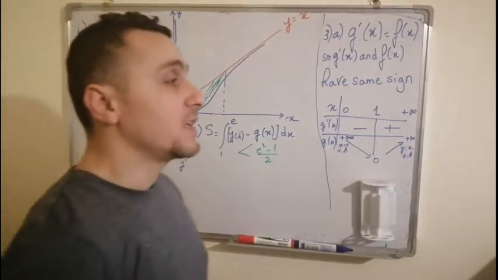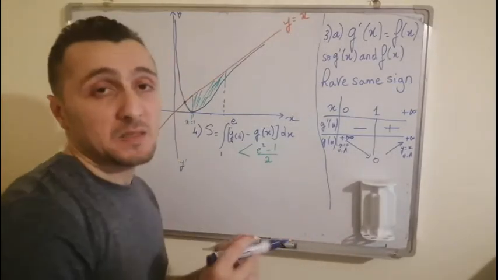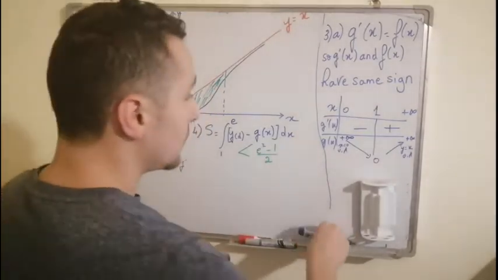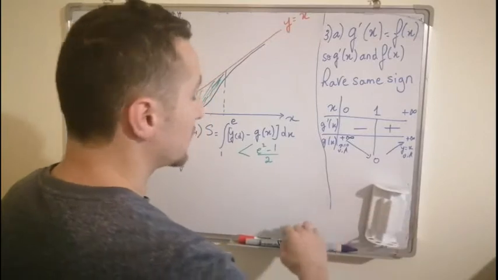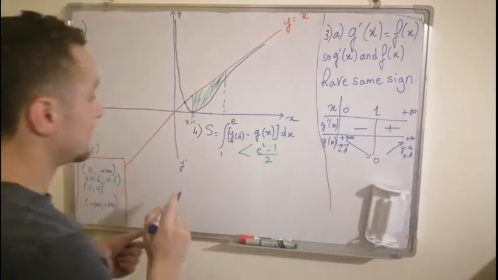Part 5a. Show that g admits an inverse function when x is bigger than or equal to 1. We remark that when x is bigger than or equal to 1, the function is continuous and strictly increasing.